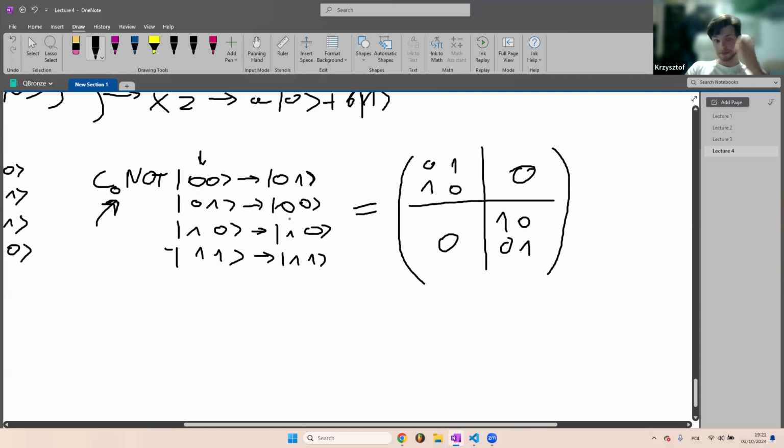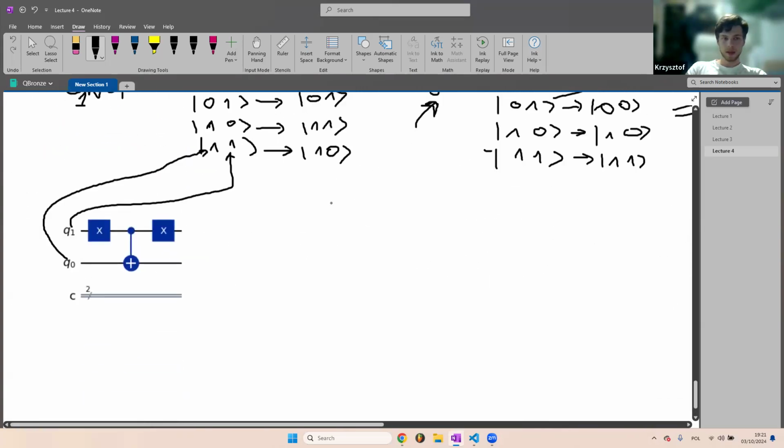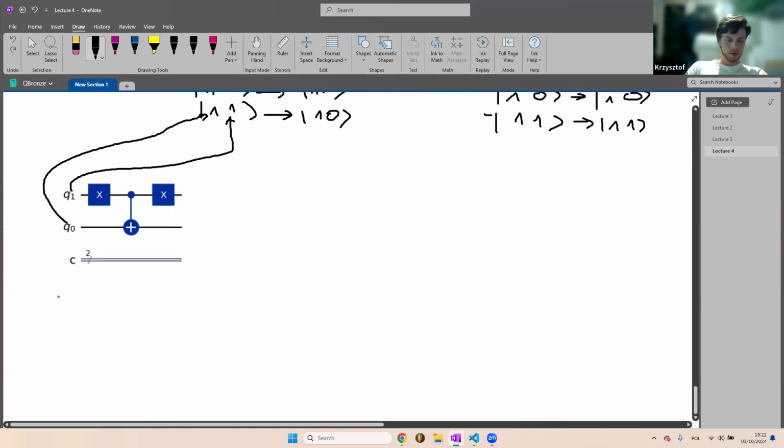Yes, because now you can see that those two states are interchanging, and that's why we see those ones on the off diagonal. But let's ask a question if it is possible to construct a C C naught gate.